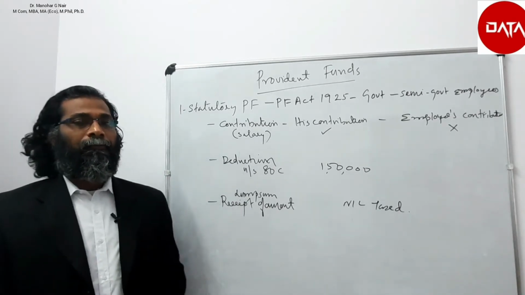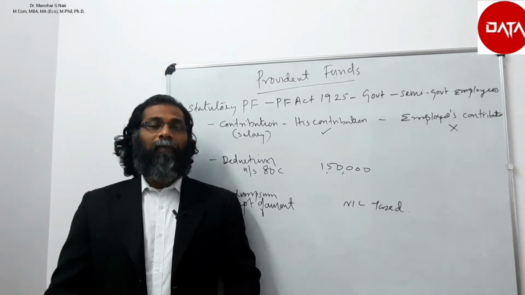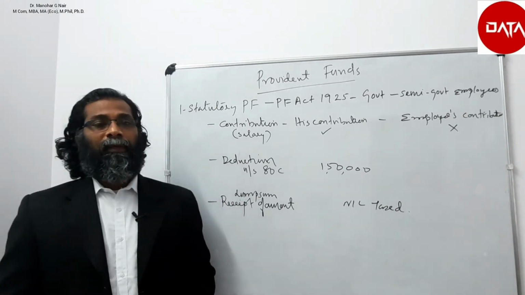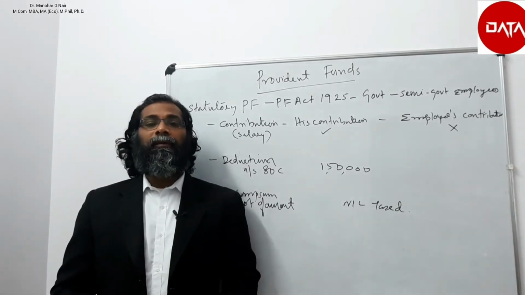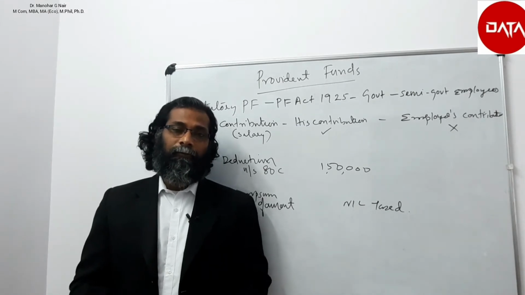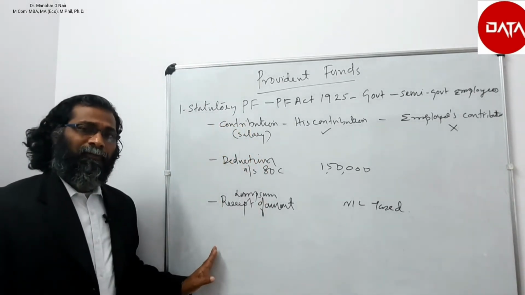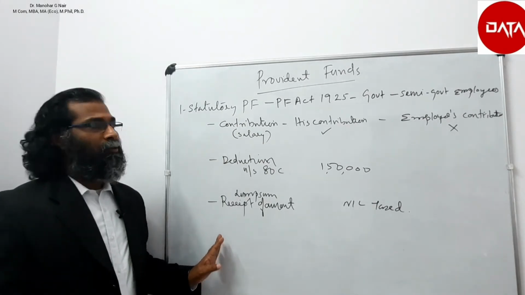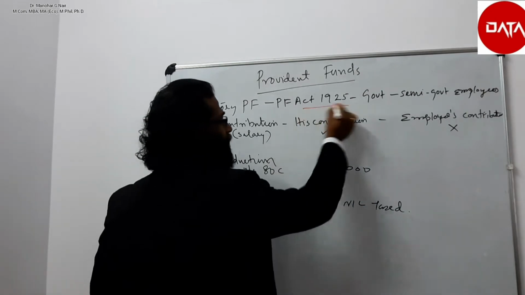At the time of maturity, any lump sum amount received, whether contributed by the employer or by the employee, will not be taxed at the time of the lump sum receipt. These are the features of Statutory Provident Fund, which is created under the Provident Fund Act 1925.